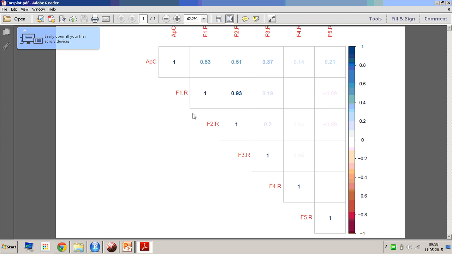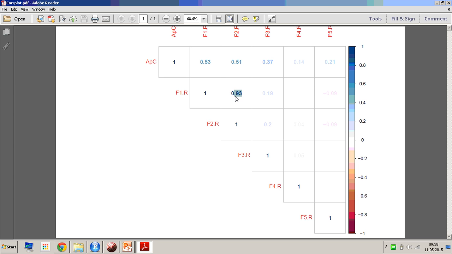Okay. Now, if you look at this particular core plot, there are these variables on top, that is the actual purchase count, the F1, F2, F3, F4, all of them. This is the correlation scale. So anything close to 0 is low correlation, and anything close to 1 or -1, on the extremes of this particular scale, whether in red or blue, means there is a high correlation.